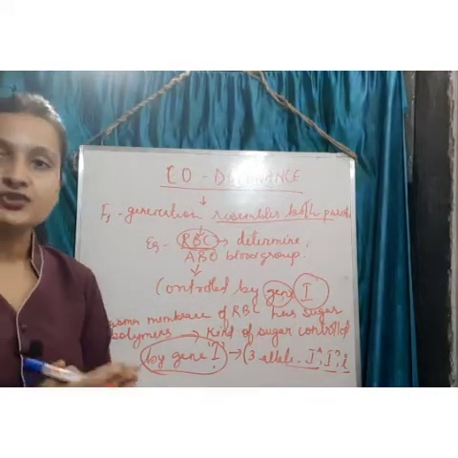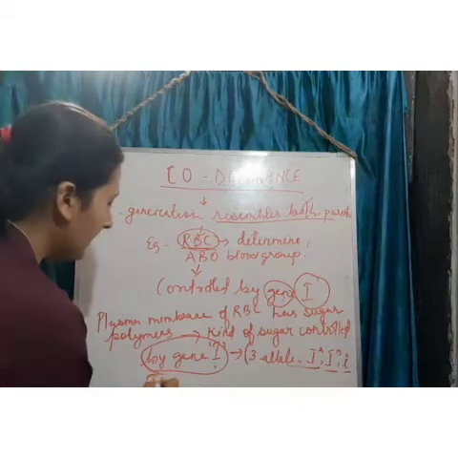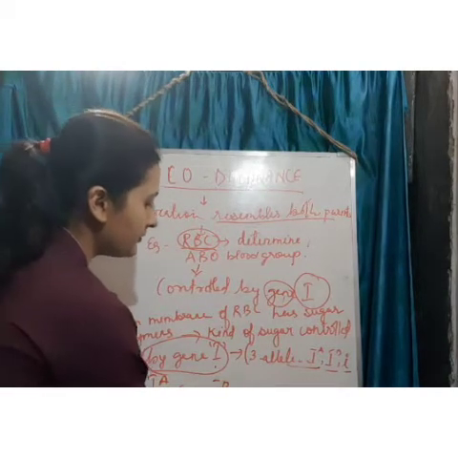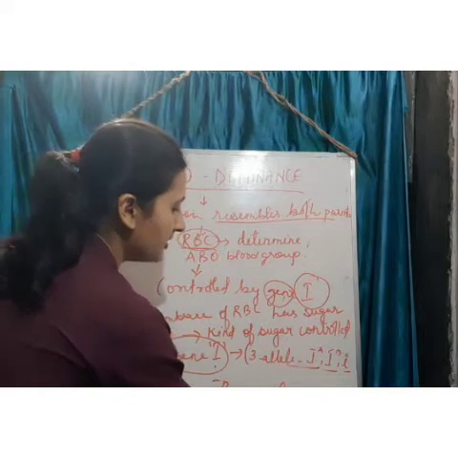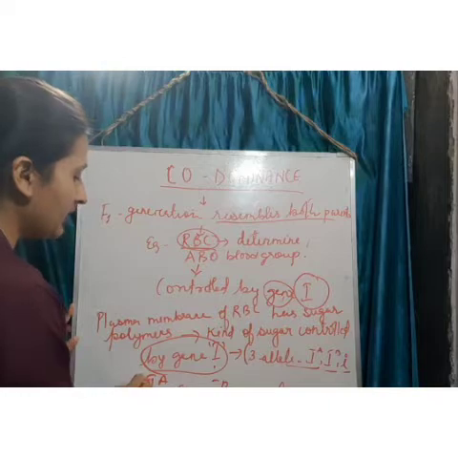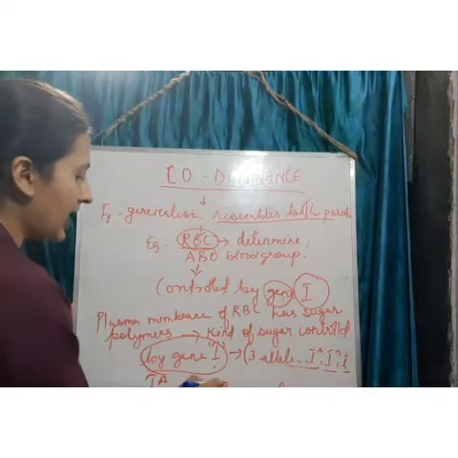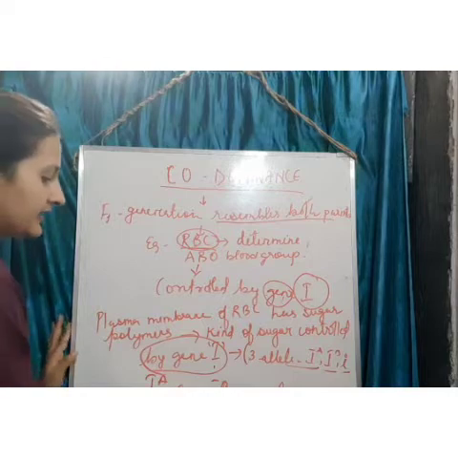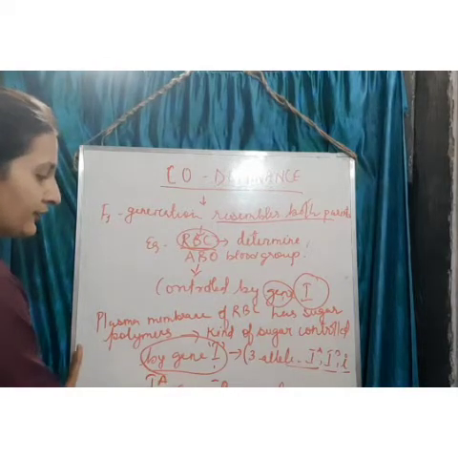Out of these three alleles, IA and IB are dominant. They are dominant because both IA and IB produce sugar, and the sugar produced by them is slightly different from each other.